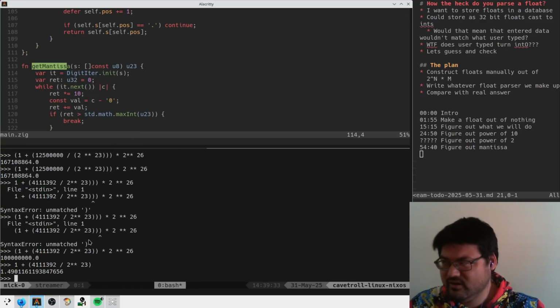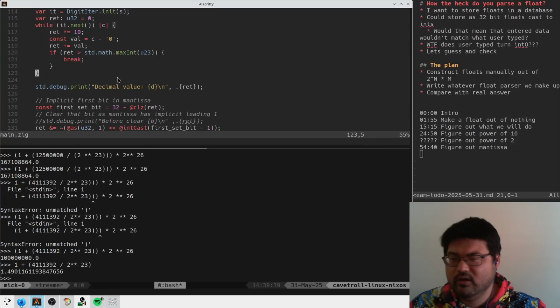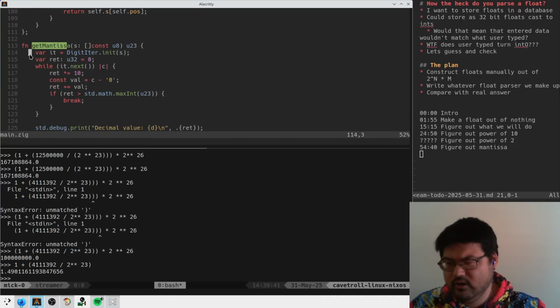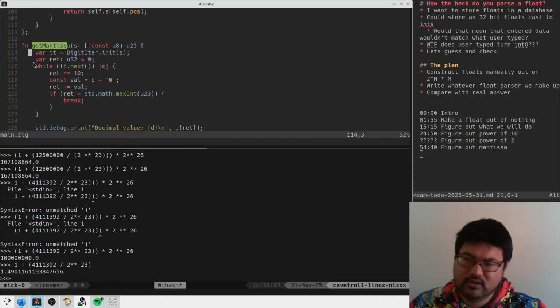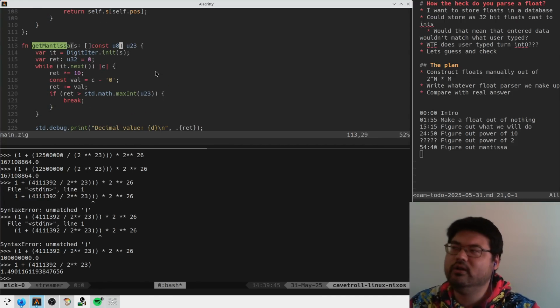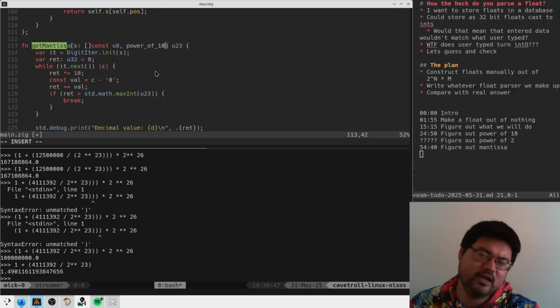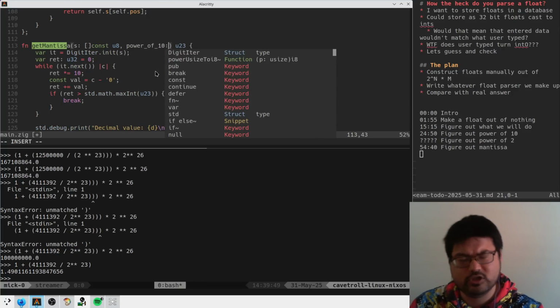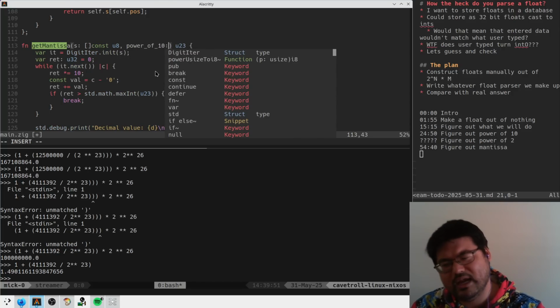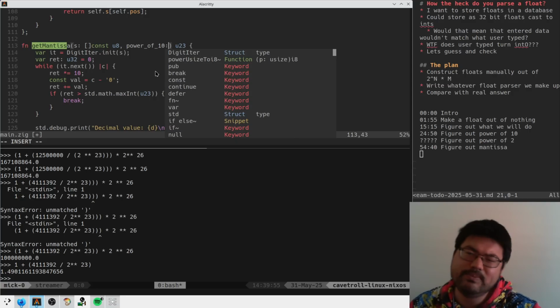So is it because we parse this number in decimal? I guess we want a power of 10 here, surely, and a power of 2 here, and these things are related in some way. It must be something like that.